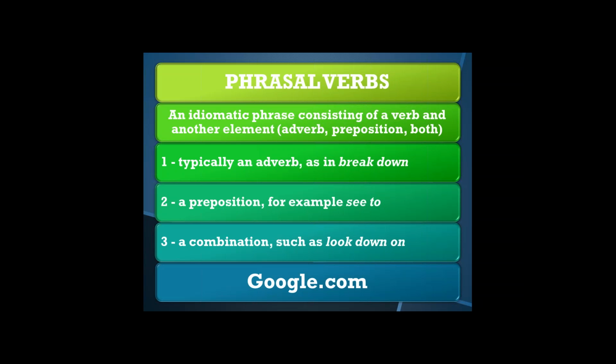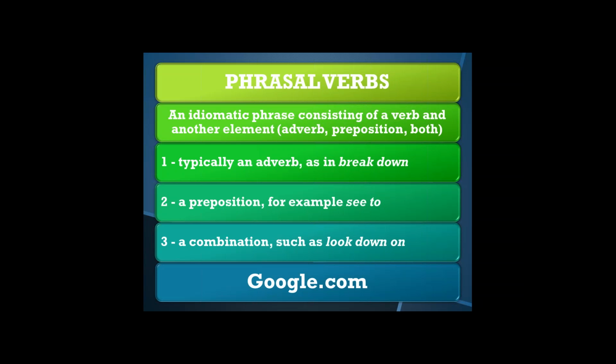See to is a verb and a preposition. Look down on has both an adverb and a preposition. As you can see, it's hard to tell what these phrasal verbs mean just by looking at the words, because they don't have the context.